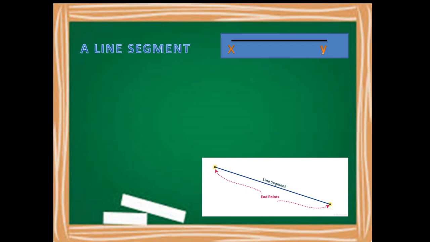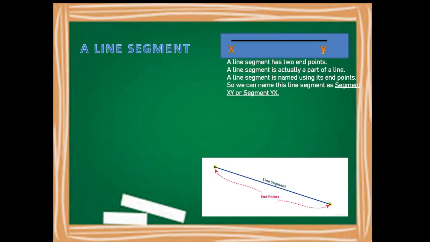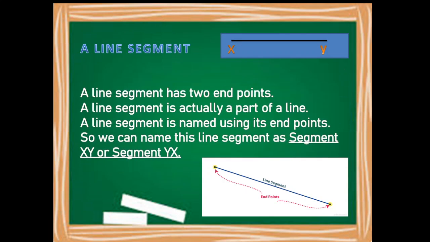So when two endpoints are met together, the figure is called a line segment. A line segment has two endpoints. A line segment is actually a part of a line. A line segment is named using its endpoints. So, we can name this line segment as segment XY or segment YX.